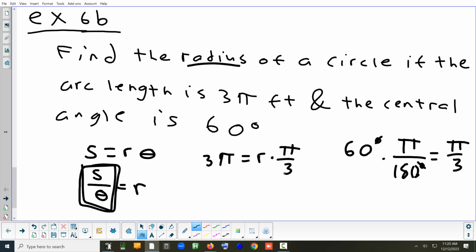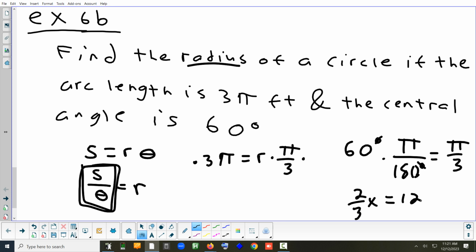Now, you could say, yes, you're going to divide both sides by pi over 3, but that's a fraction. Does anybody remember something you can multiply both sides by, and it'll get rid of the pi over 3? Maybe 3? No. 3 pi. Nope, not 3 pi. 3 over pi? 3 over pi. It's the same way you would solve something like 2/3 x equals 12.